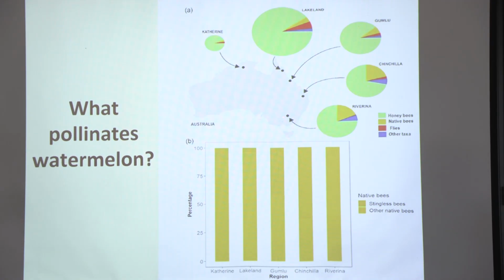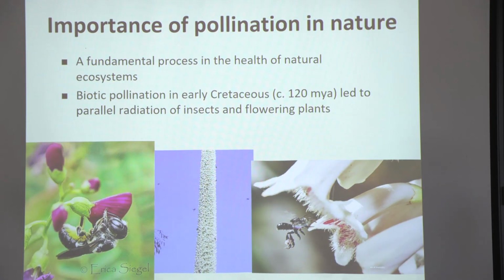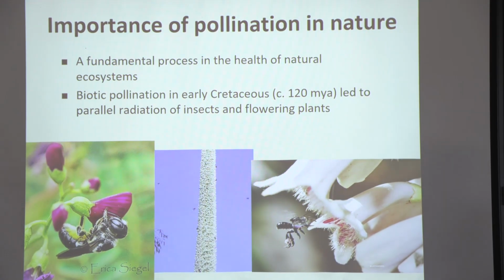So when we talk about native bees in southern Australia, we're talking about solitary bees. When we talk about native bees in northern Australia, it could be solitary bees, but also our native social bees, which we'll be talking quite a lot about today. If you look at these little native beehives, that's what we're talking about, our native social bees, the stingless bees.